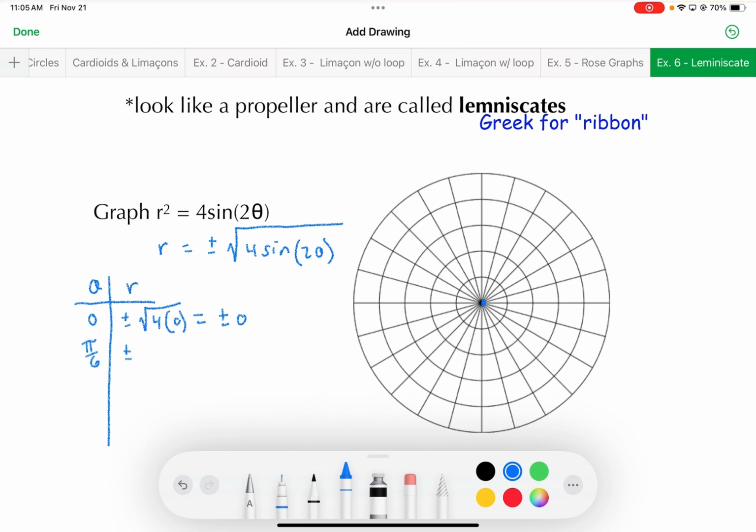It gets doubled to pi over 3. Sine of pi over 3 is radical 3 over 2. So this is the square root of 4 times that, and that approximates to plus or minus 1.9. So I'm getting 2 r values out of this because of the plus or minus. That puts me right about here in the positive case. But in the negative case, I have to go backwards, and that puts me right there also.